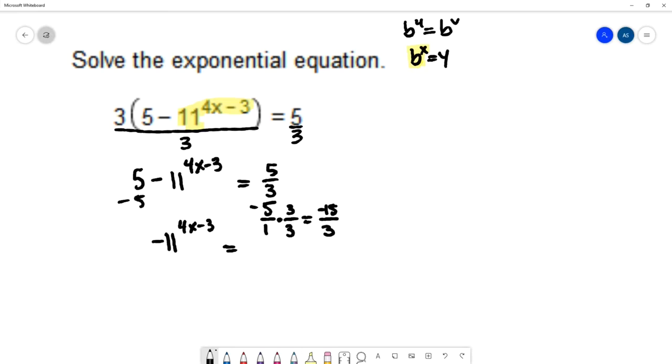So now I can combine these together. 5 over 3 minus 15 over 3 will give me negative 10 over 3. Okay, one more step and I'll have that exponential isolated. Let's divide by negative 1 on both sides. And we have 11 to the 4x minus 3 equals a positive 10/3.